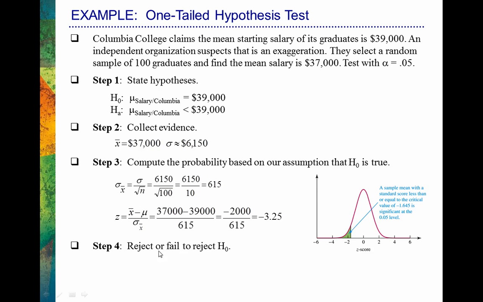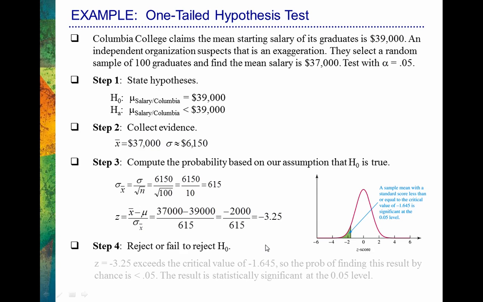So let's formalize our results in step 4. There are a couple different ways that we want to do it. So first of all, just to summarize, our Z value of negative 3.25 exceeds that critical value of negative 1.645. So it's more extreme than that value. You just want to see it in terms of being in this critical region or rejection zone.